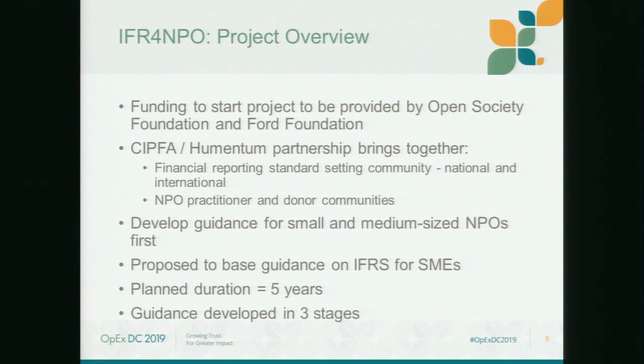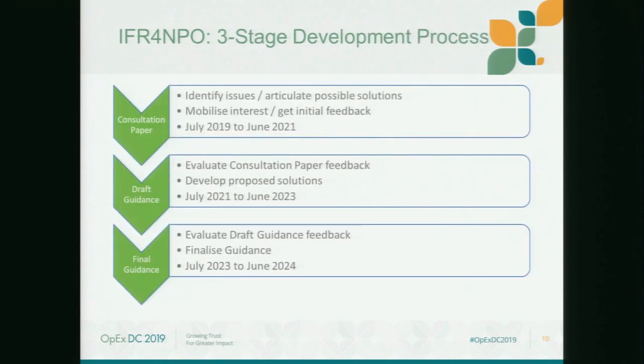So we think it's a good place to start. Even with that, and providing incremental guidance around that, the project will still take us 5 years. We're envisaging 3 stages. The first one being a consultation paper, surface the issues, get input to those, get people talking to us, mobilise the issue, the interest and so on.